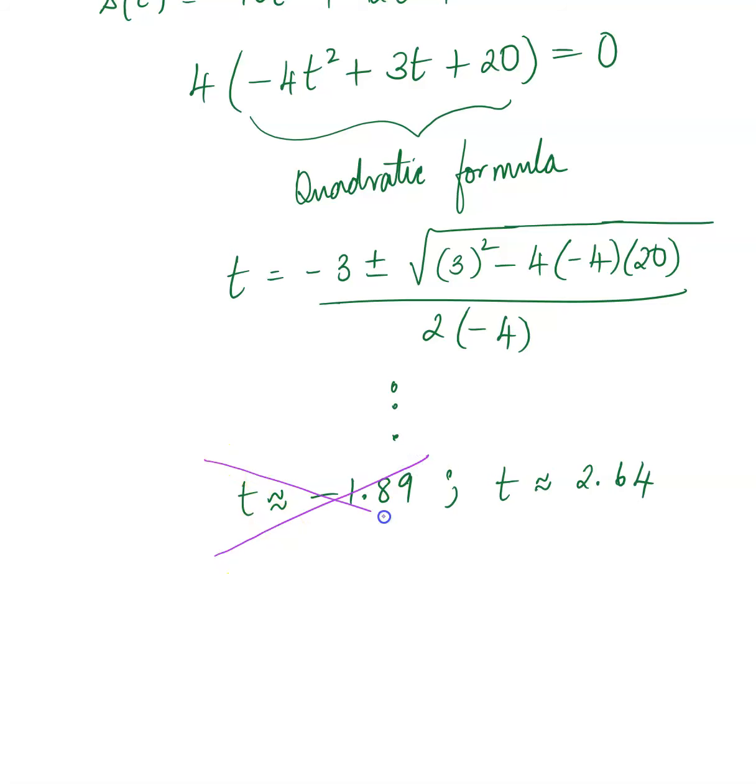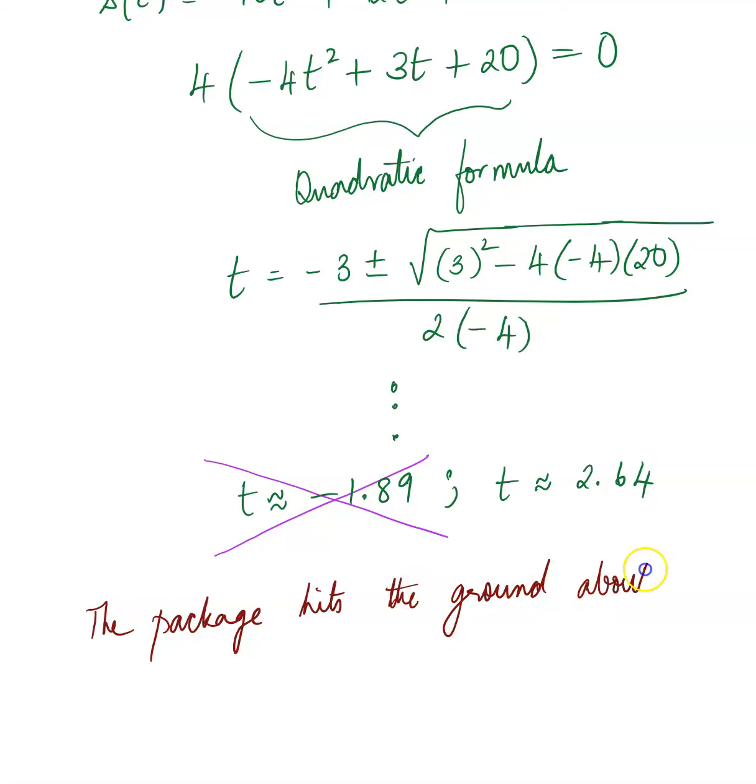Thankfully, for the physical meaning of time, we cannot accept negative root, and so we can say the package hits the ground about 2.64 seconds. Remember again, the units must be included in your answer, after it is dropped from the balloon.